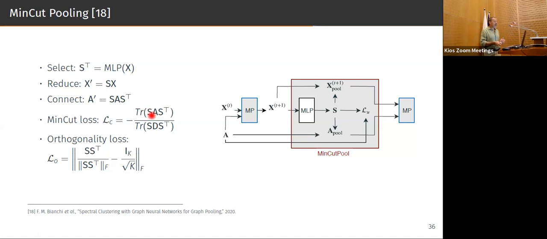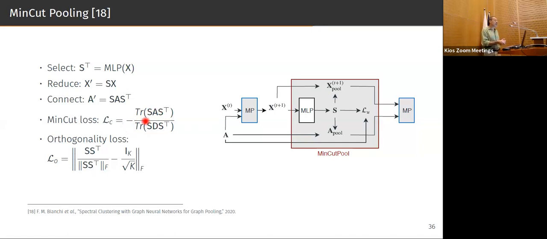And if you look at this, here you have the numerator, the volume of the links that you need to cut, with respect to the links which are part of the original cluster. So this is the traditional loss function.